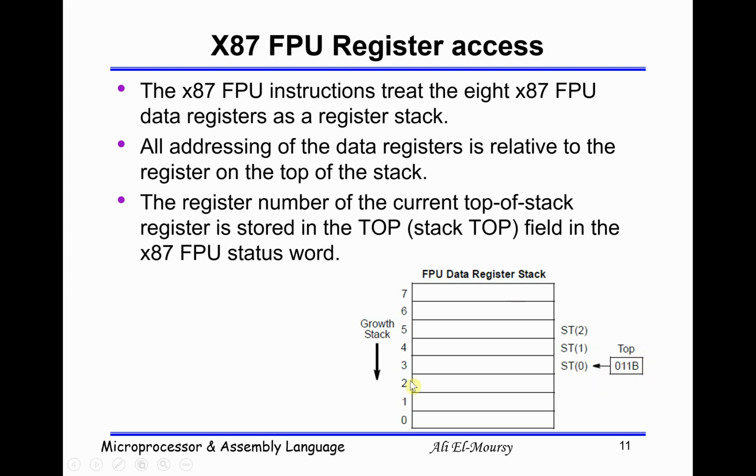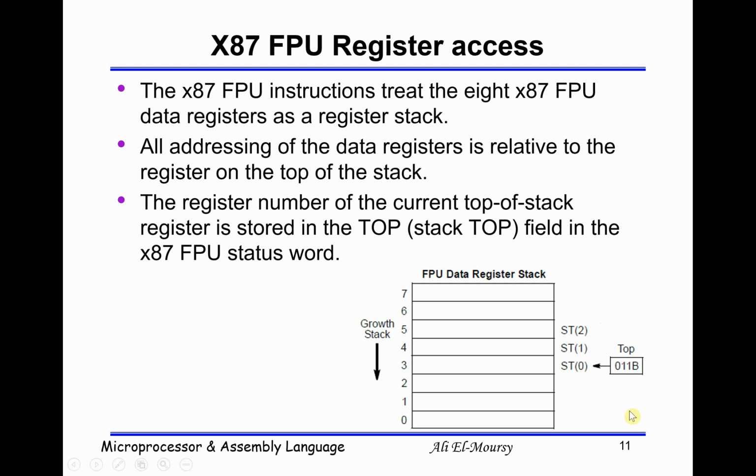In the example shown here, I have R3 on the top of the stack. That's why the top here carries the value 110 to indicate that the top of the stack is register number 3. However, st0, st1, st2 are relative names, so the top of the stack will always be called st0. Whenever you want to access the top of the stack as a programmer, you don't have to worry about the register number.